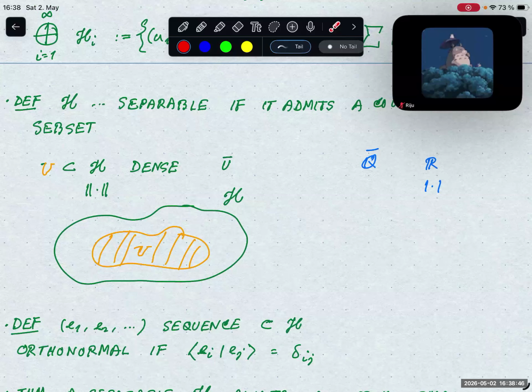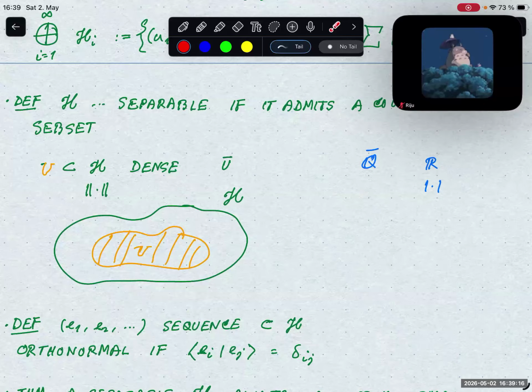Okay. Any comments? Does this hold on Banach space? You mean the notion of separability in the Banach space setting? I think so, but I cannot really pinpoint it.